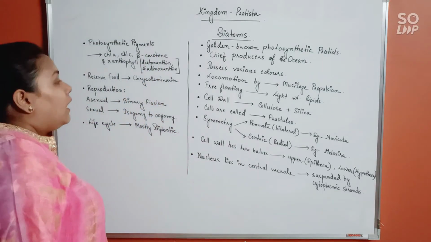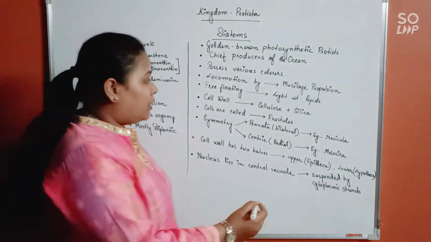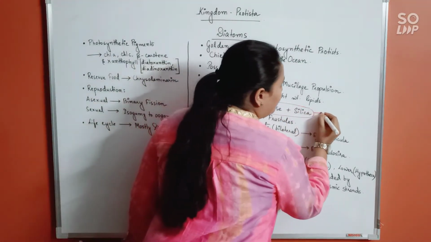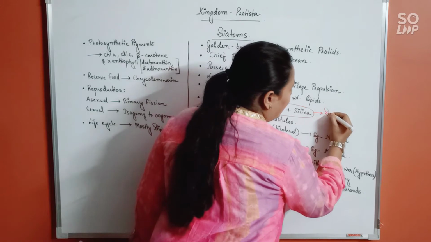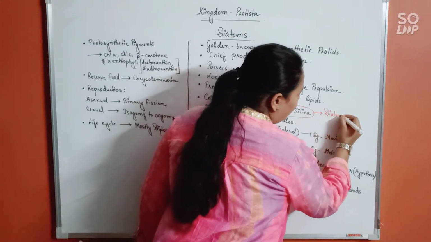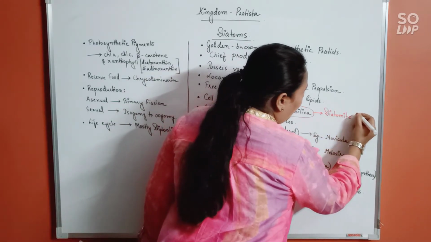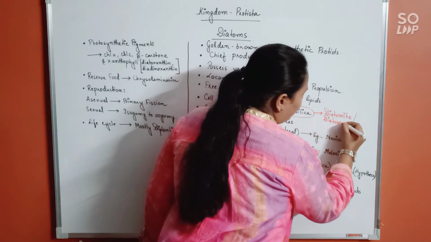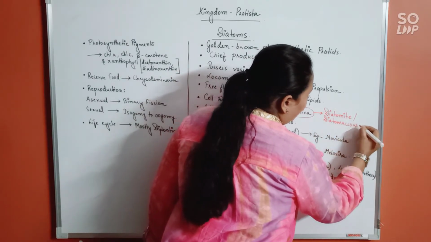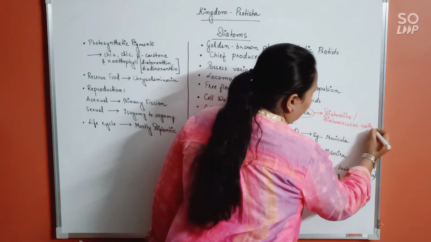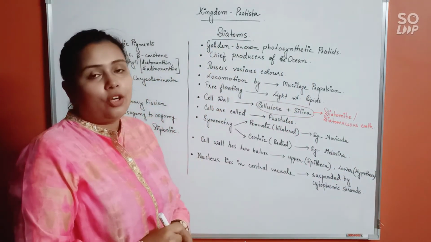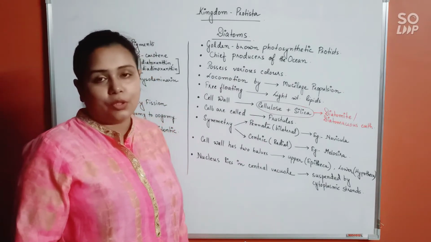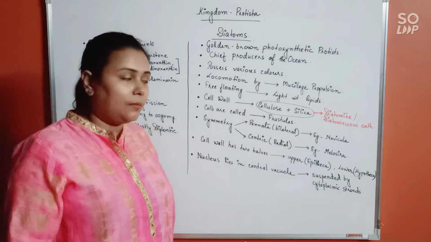And this indestructible cell wall of the diatoms is known as diatomite or diatomaceous earth. The diatomite or diatomaceous earth has a lot of commercial importance, which we'll be discussing later.